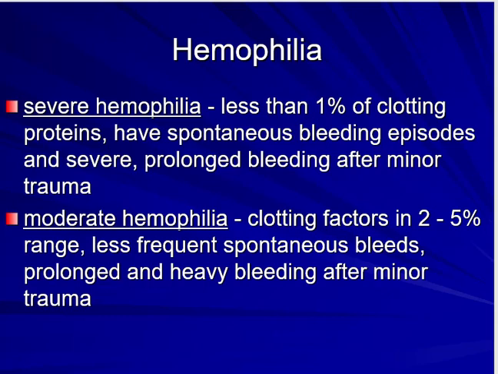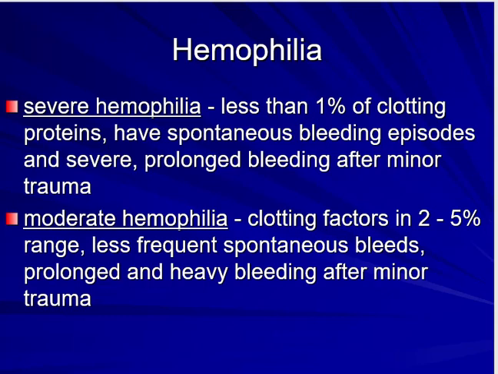They can have spontaneous bleeding episodes and severe prolonged bleeding after minor trauma. In moderate hemophilia, their clotting factors are in the 2 to 5% range, with less frequent spontaneous bleeding and prolonged and heavy bleeding after minor trauma. So if you have severe or moderate hemophilia, you have very few clotting factors present.